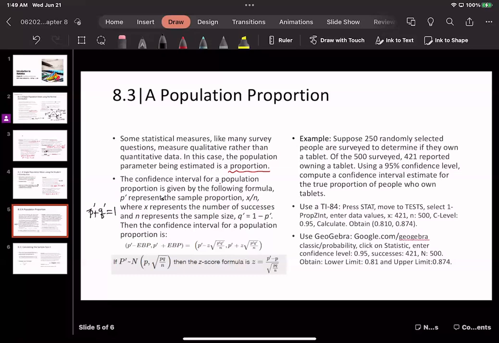When we work on population proportion estimation, we always use a large sample size. That's why we work with the normal distribution and use the z-score. So here is a reminder again.